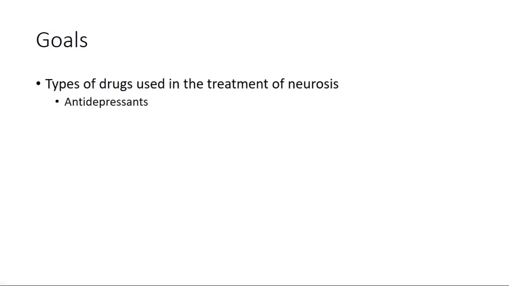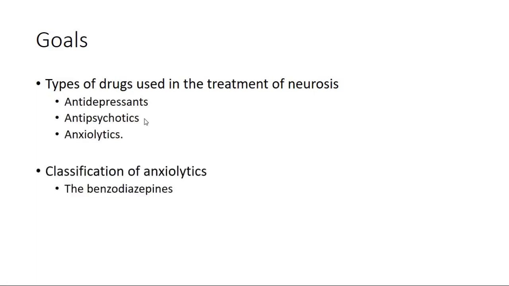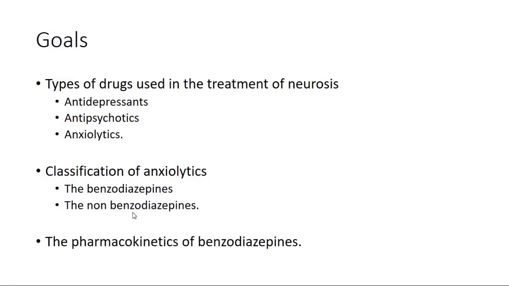This would include the antidepressants, antipsychotics, and the anxiolytics. We also will discuss the classification of the anxiolytics in details, including the benzodiazepines and the non-benzodiazepines like the azapirons. Lastly, in details, we'll discuss the pharmacokinetics of the benzodiazepines.